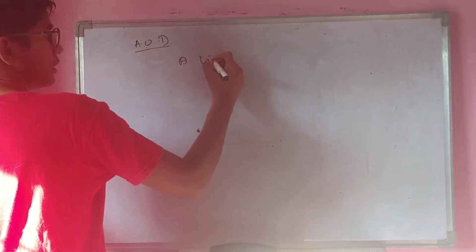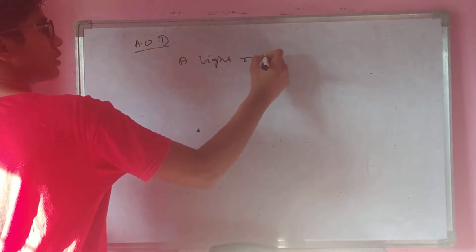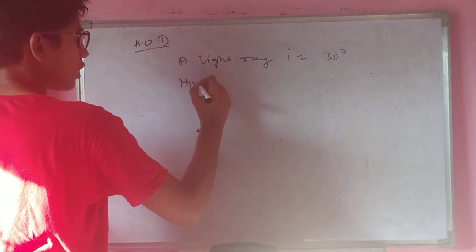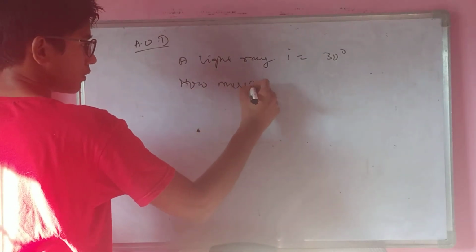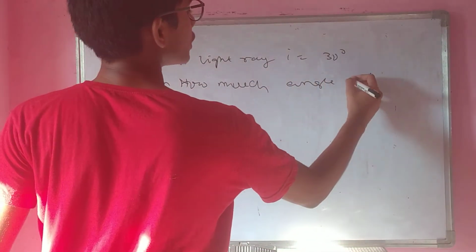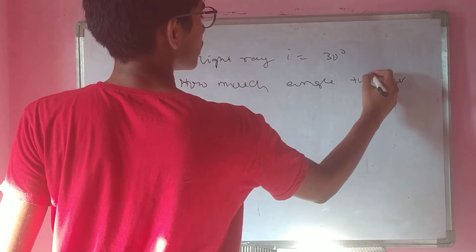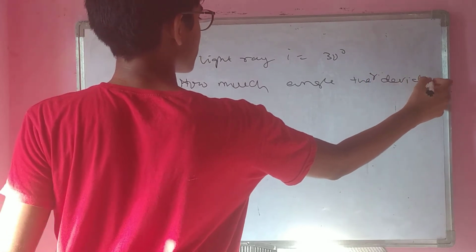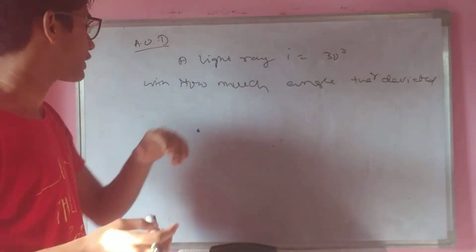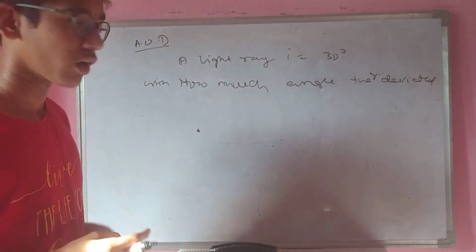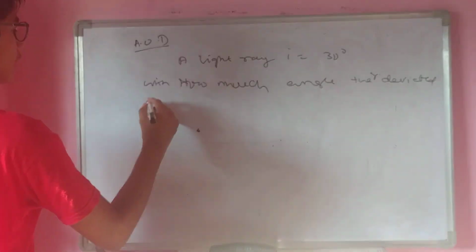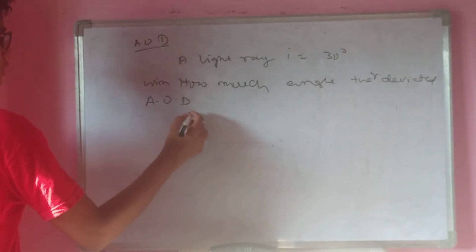A light ray is incident on a plane mirror at an angle of 30 degrees. With how much angle is the ray deviated due to that plane mirror? In the sense, the angle of deviation.